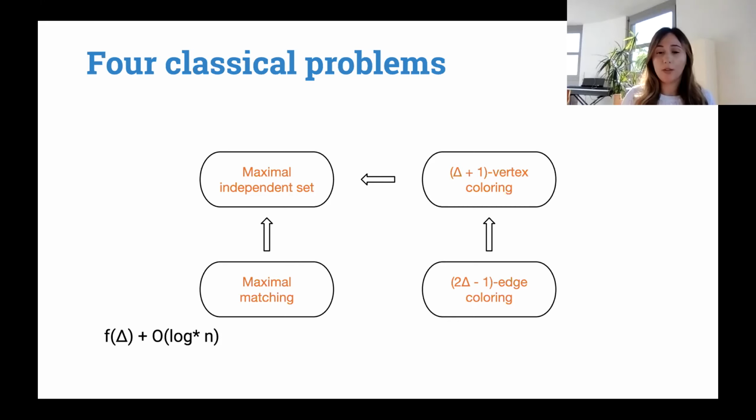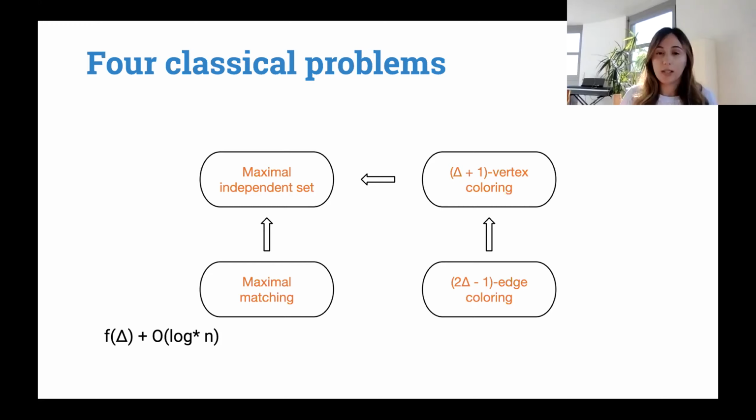Over the years, researchers have studied the locality of these problems. What I mean by the locality of these problems is the following. Since the 80s, we know from Linial that for solving these problems, we need to spend Omega of log* n rounds.